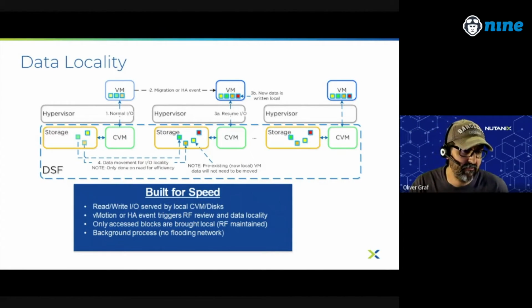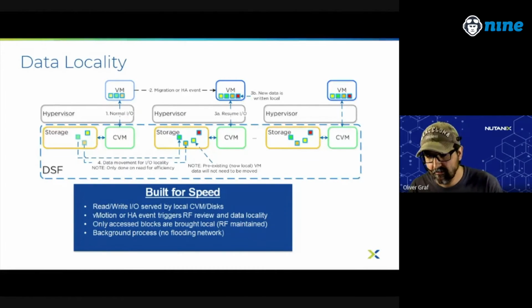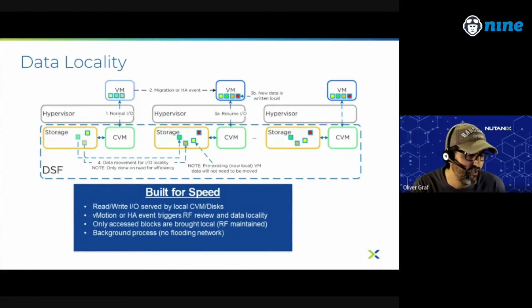Now, when a VM is moved from one hypervisor node to another, the newly migrated VM's data will be served by the now local CVM. When reading old data, the I/O will be forwarded by the local CVM to the remote CVM. All write I/Os will occur locally right away.